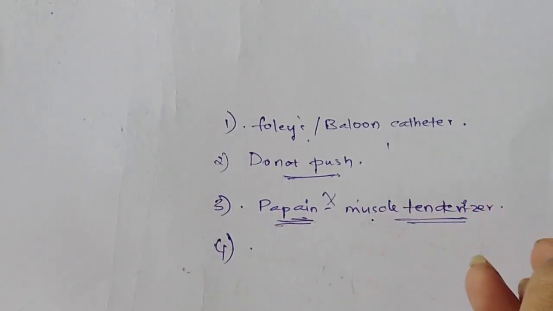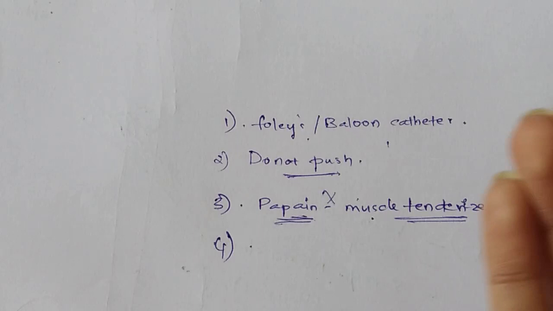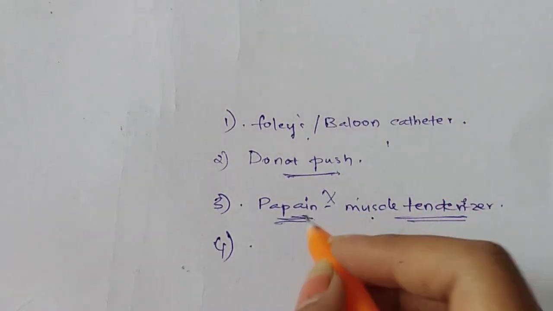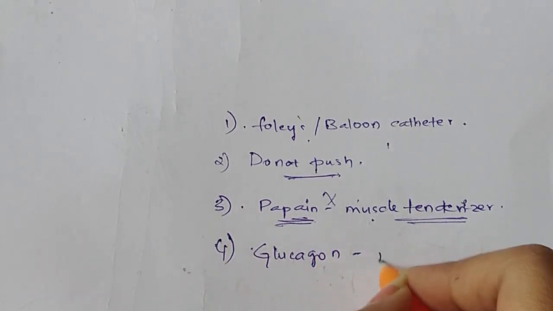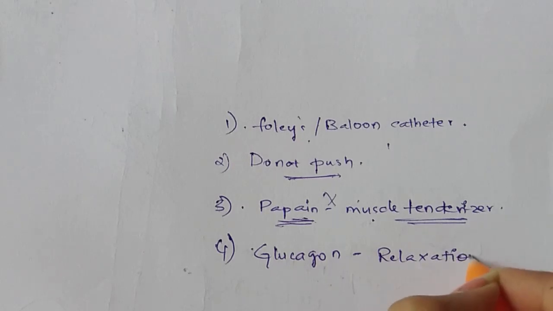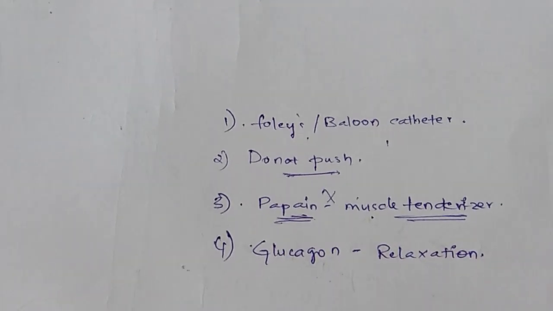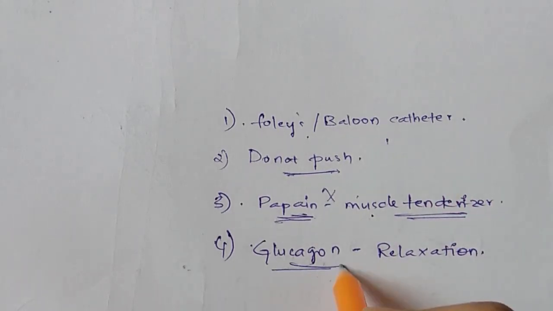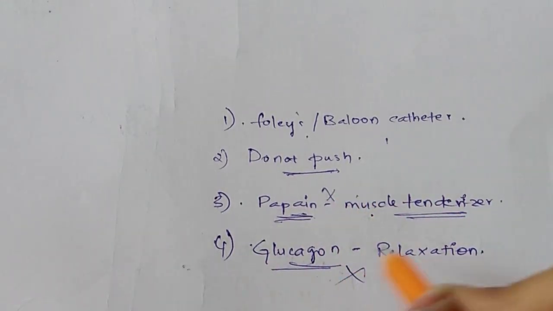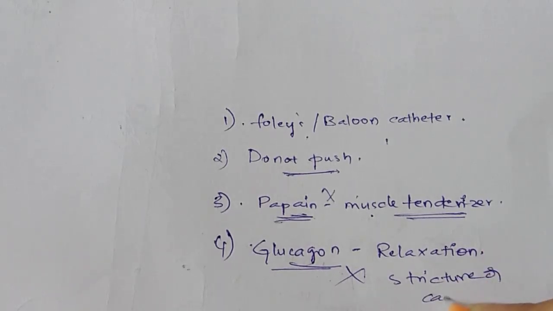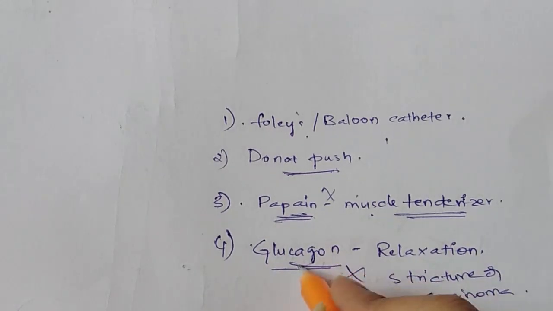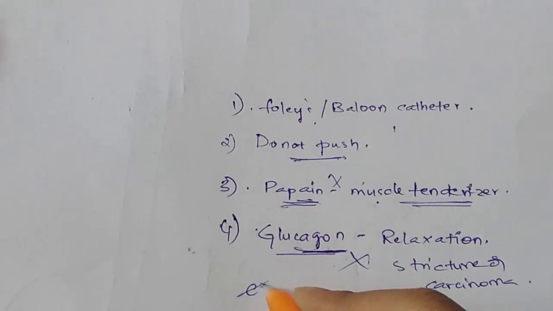And also, if there is a meat bone in that meat, that bone will not get digested, and there will be foreign body stuck in there again. So another thing is, we should not use glucagon like materials which causes relaxation of esophagus. To promote the entry of foreign body into stomach, some glucagon like materials should not be used, because if the cause is any stricture or carcinoma, these are not helpful. So always use endoscopy.